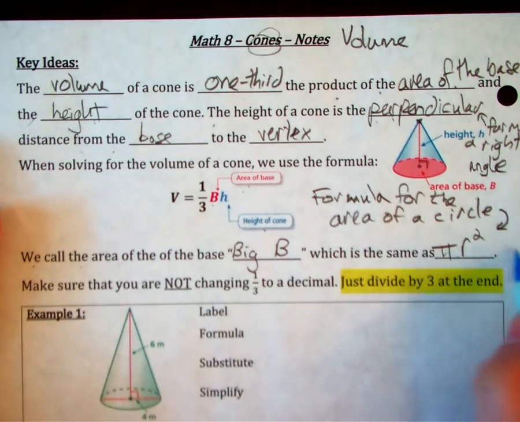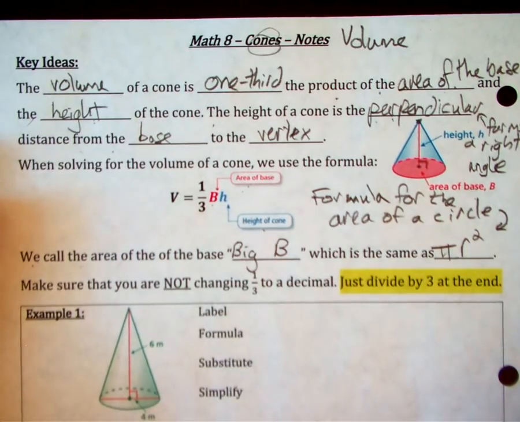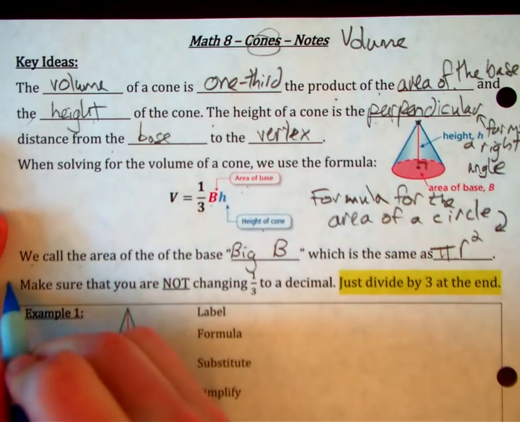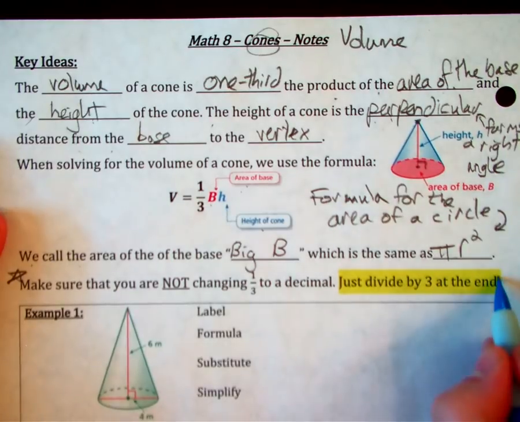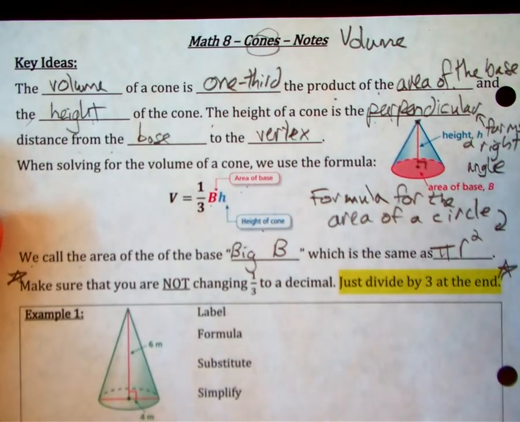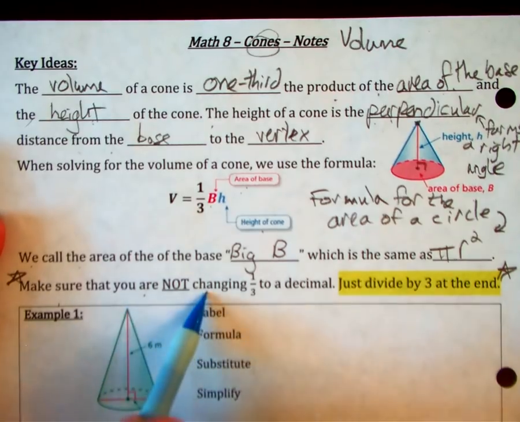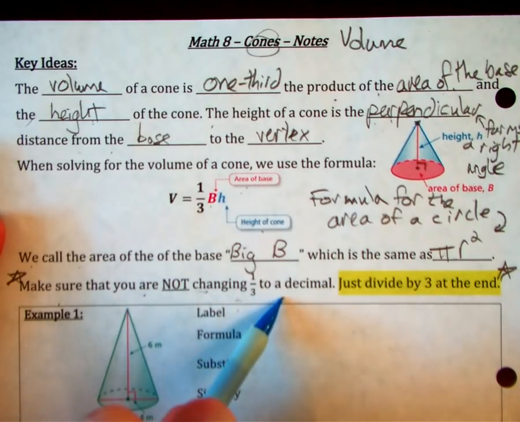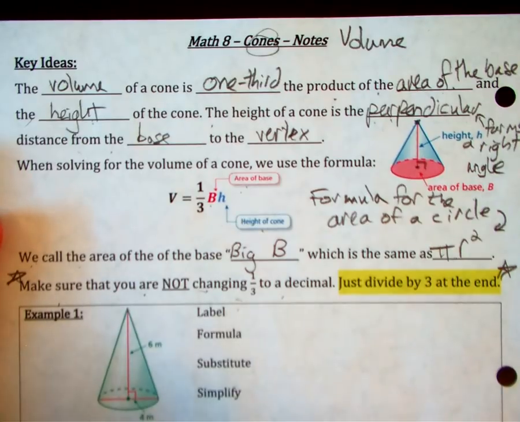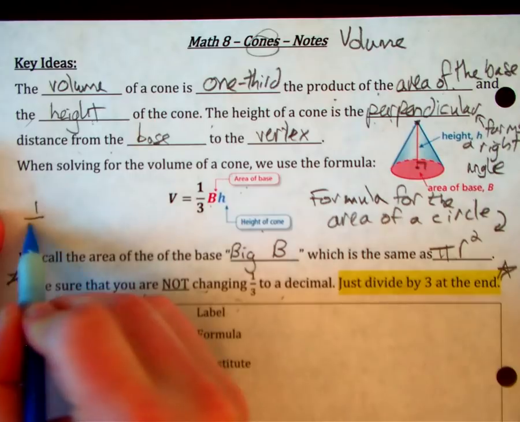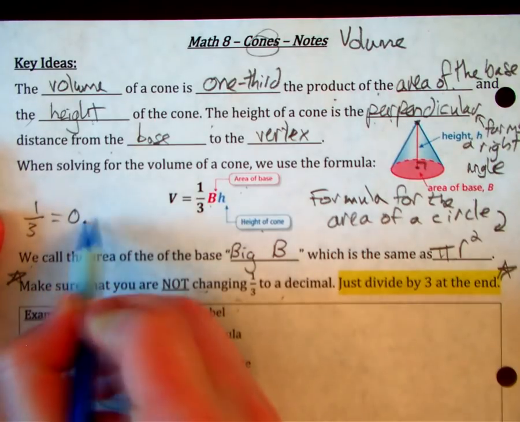Again, we can just do that on the side so it's a little bit easier for yourself. Please, please, please, this is a key part to this because a lot of people mess up on this part. Make sure that you do not change 1/3 to a decimal. I don't know how many times I said this last year because people were saying that 1/3 equals 0.3.